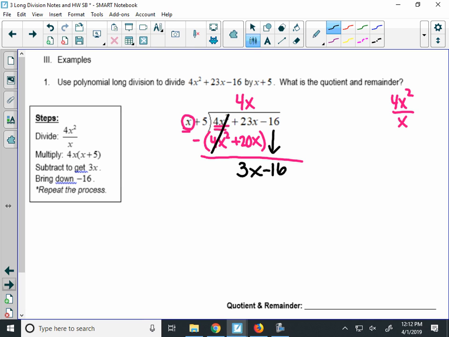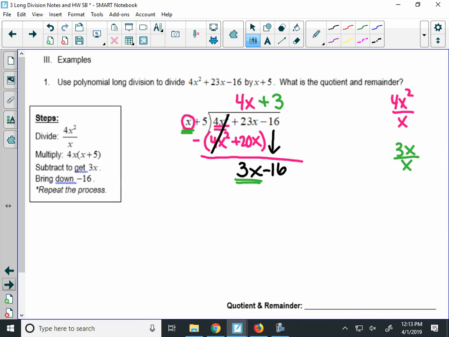Now you repeat the process. So we look at the 3x and the x that's out in front. So you divide them. 3x divided by x is 3. So I put a plus 3 on the top. Now I multiply the 3 by both terms out in front.